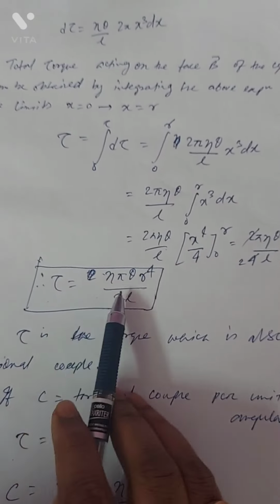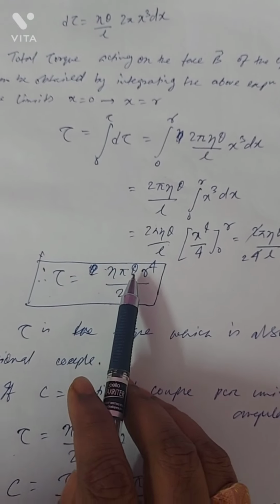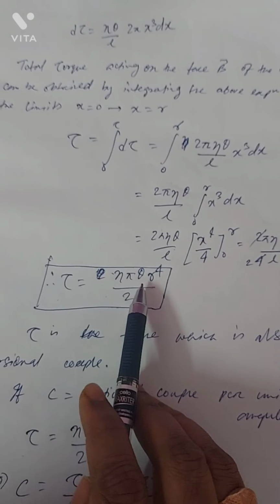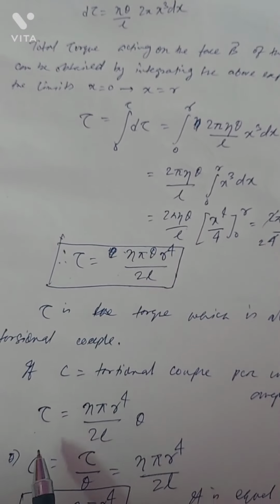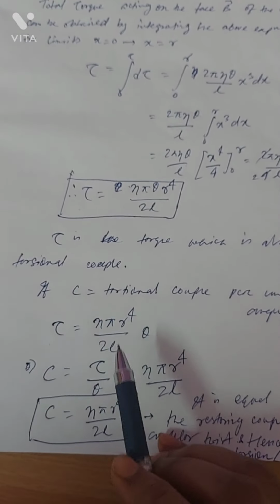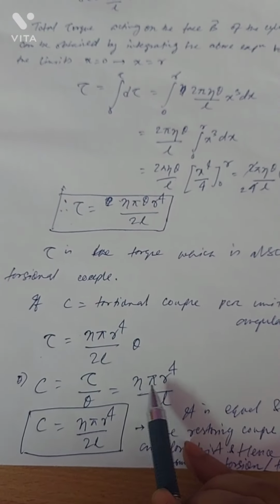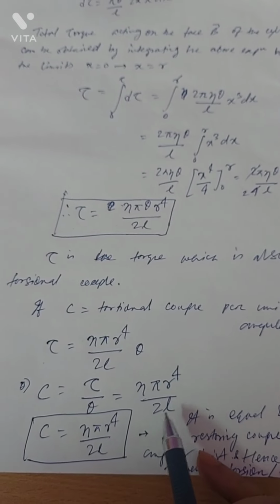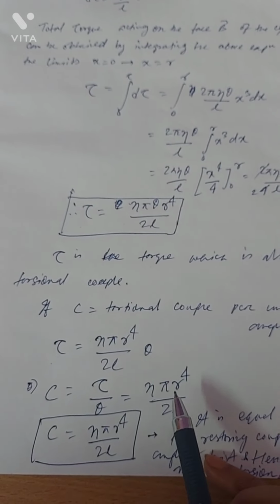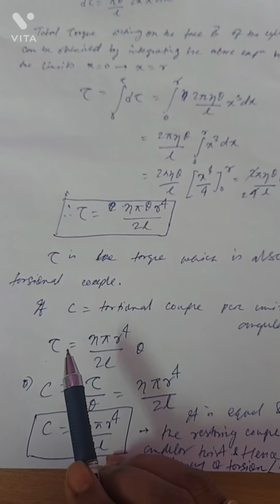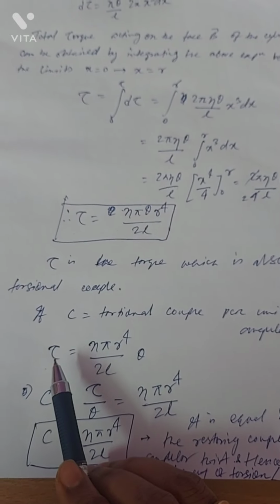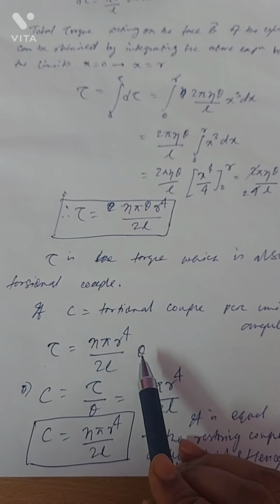Now as you can see, the total torque was also a function of theta. So torque by theta was given by eta pi r to the power 4 divided by twice L, which is defined as the torsional couple per unit angular twist.